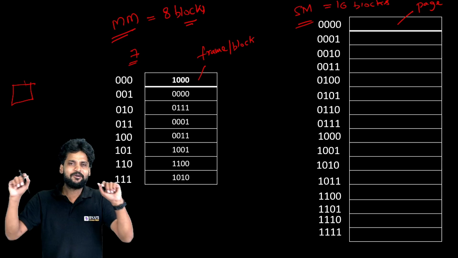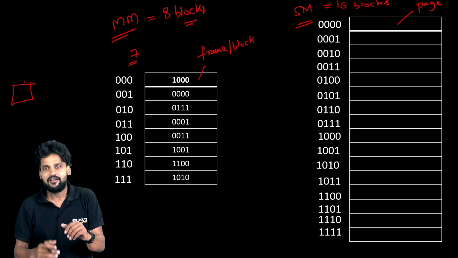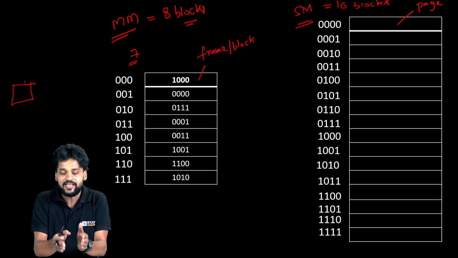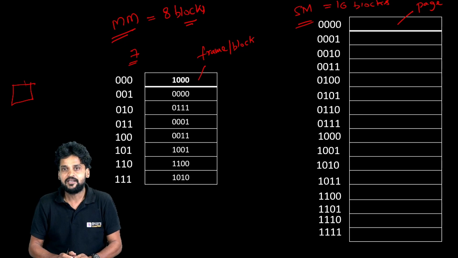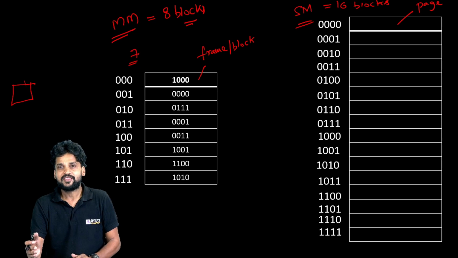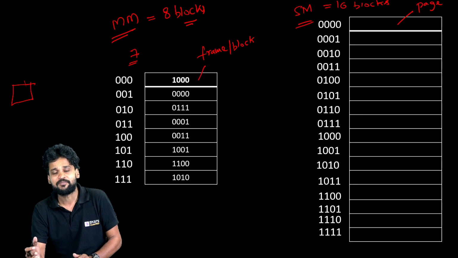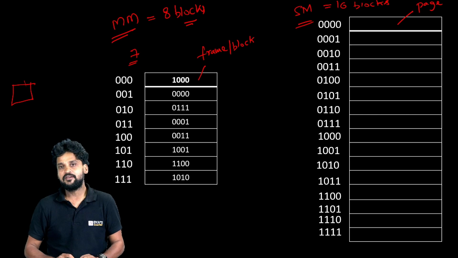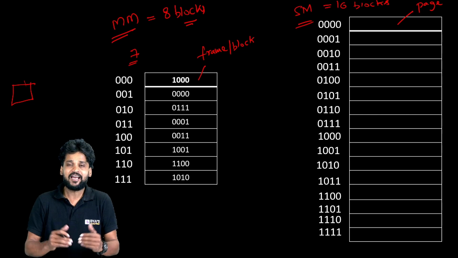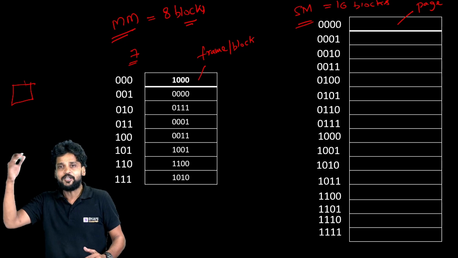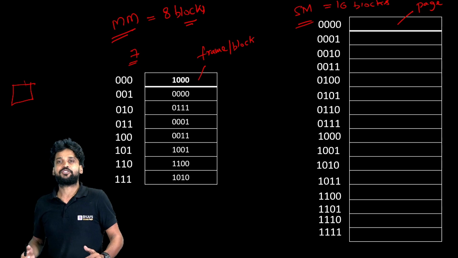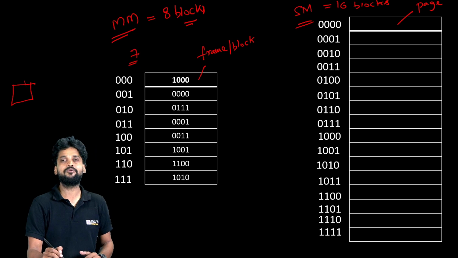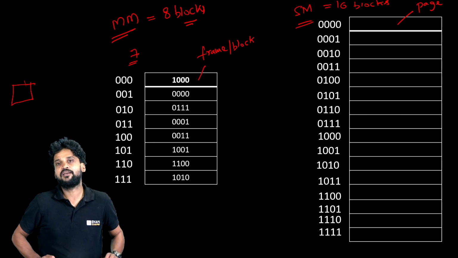So, no matter what, wherever the information is available, eventually the CPU has to access any information only through the main memory. For that, we need to transfer the desired block, the desired page, from the secondary memory into the main memory. So, my main memory, which is of 8 blocks, can accommodate any of the 8 pages from the available 16 pages. I do have a total of 16 pages and 8 blocks, but the CPU will have to use only the main memory.